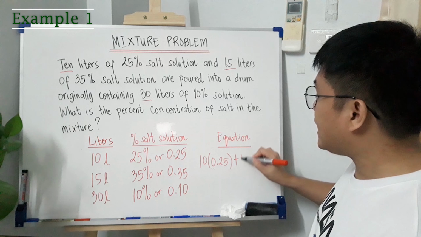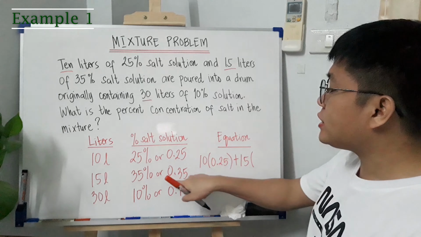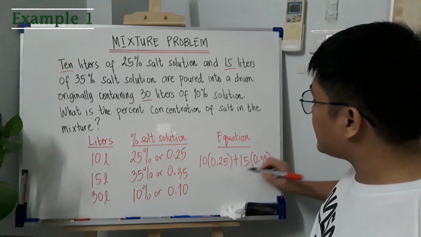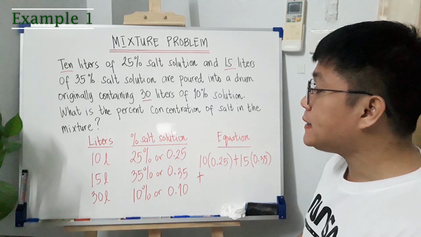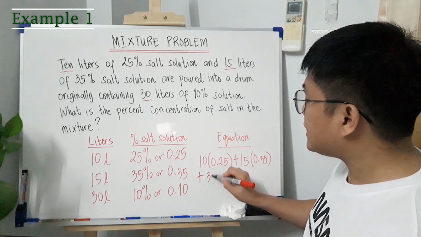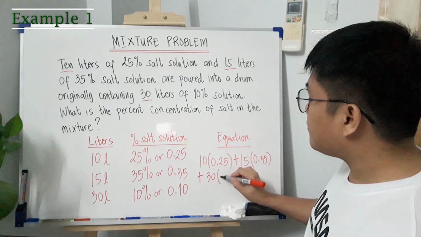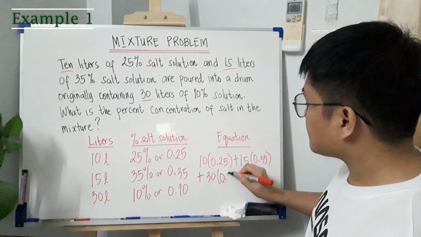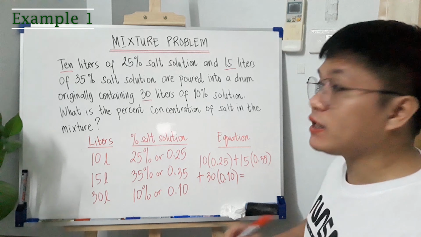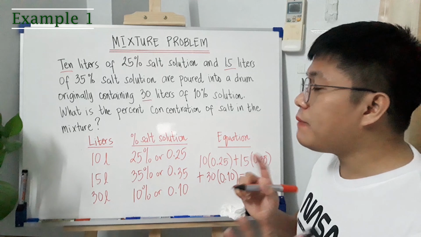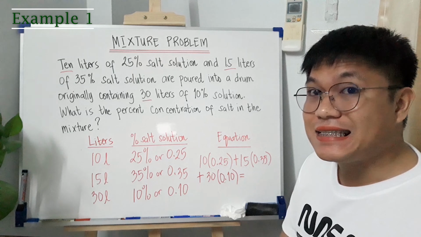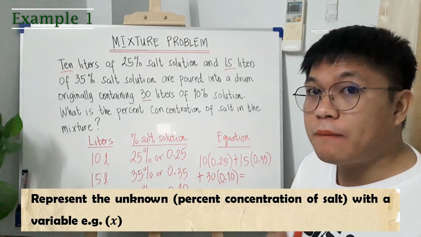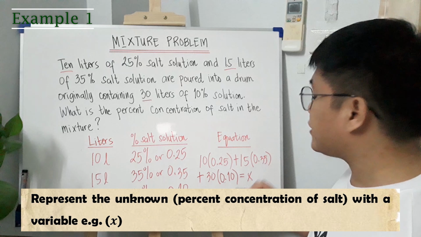That means we are going to add all of these solutions. Next one, we have 15 multiplied by 35 hundredths, plus another one, 30 times 10 hundredths, which is equal to... Remember, we are solving for the percent. So that unknown will be represented by a variable x.